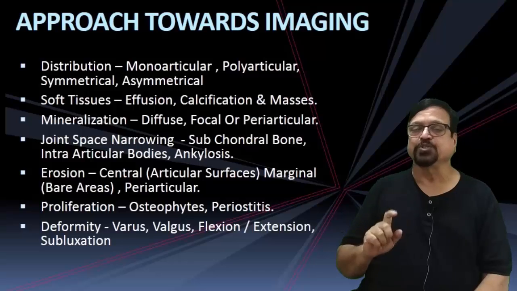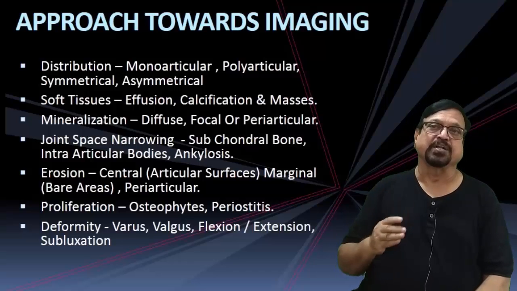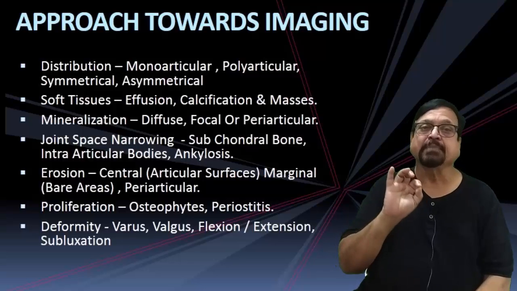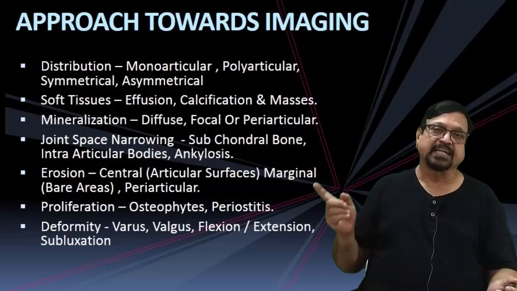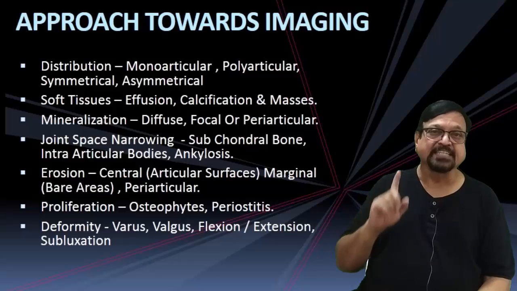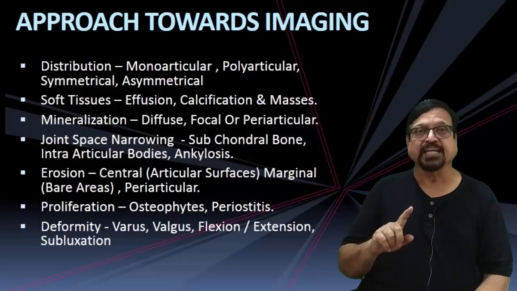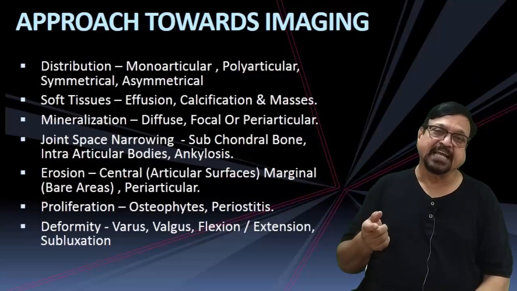Now, distribution. Monoarticular, single joint involvement, very important. Polyarticular, where multiple joints are involved. Symmetrical, both hands, both sides joints, like that. So you have to check whether it is symmetrical or not, and chart it down. This history taking is an essential part before interpreting a radiograph.